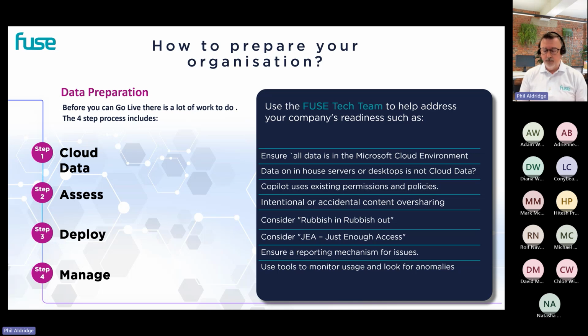So you've got to make sure that you've got your data in the cloud. You've got to assess the data to make sure that it's all relevant. You've got to make a deployment strategy so that you're not allowing people access to data that they shouldn't have. You don't want your junior office admin person having access to the salary of the employees, for example. And then once you've deployed it, you've got to manage it.